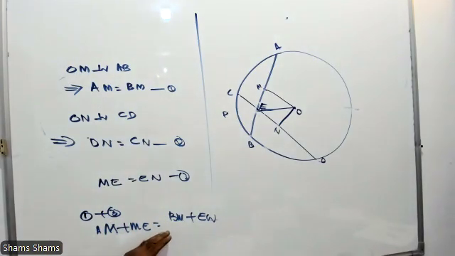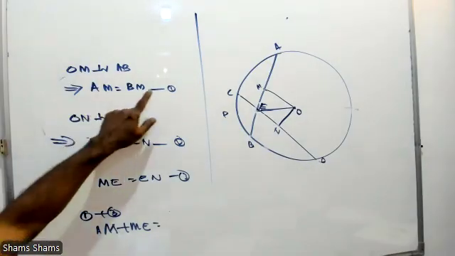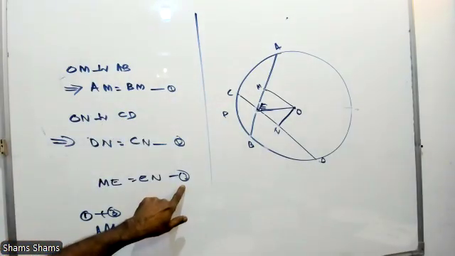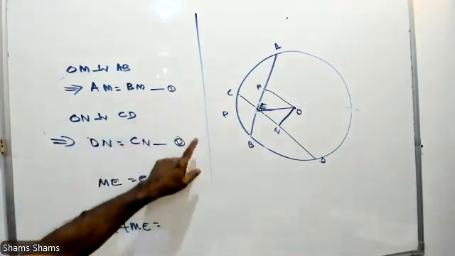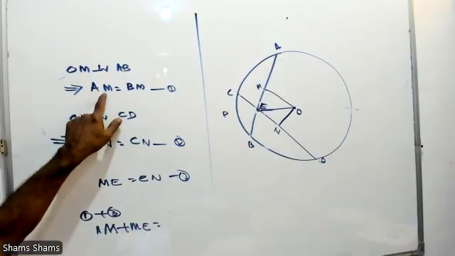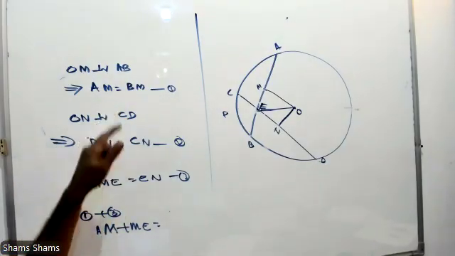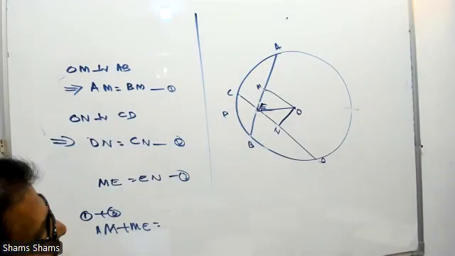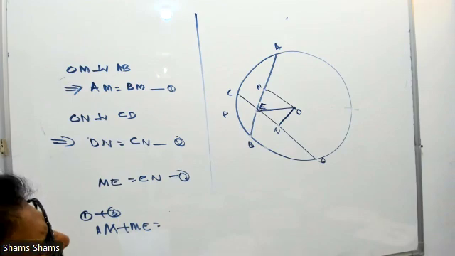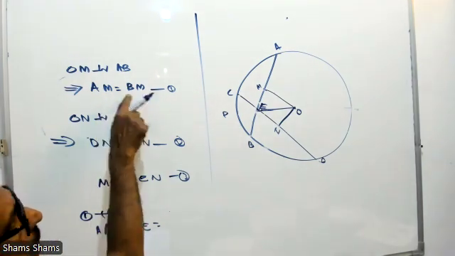When adding, we will get what? Listen, 1 and 3 add. Don't take this part. 1 and 3, what happened? AM plus ME equal to BN. That is BN. Here AM equal to DN, correct or not?